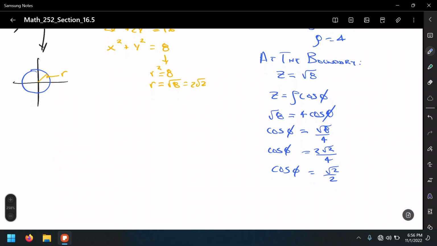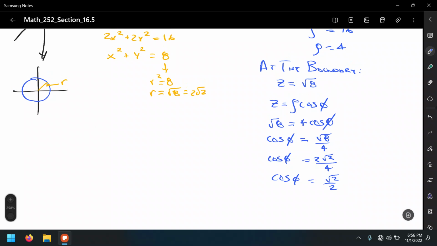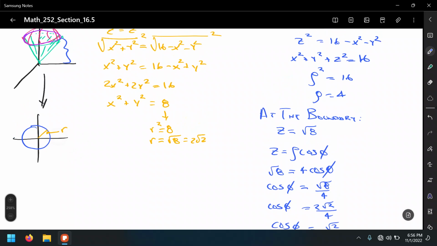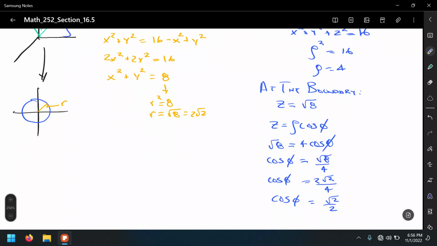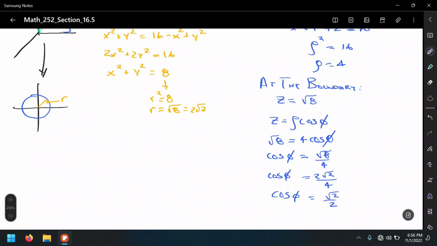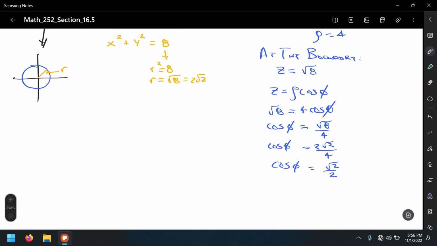And we can find out what the angle phi will be at the boundary right here. What we're doing here is finding this angle phi, the one that varies between 0 and pi, starting from the positive z-axis and ending in the negative z-axis. So phi will be the arc cosine of root 2 over 2, and in this case this is pi over 4.